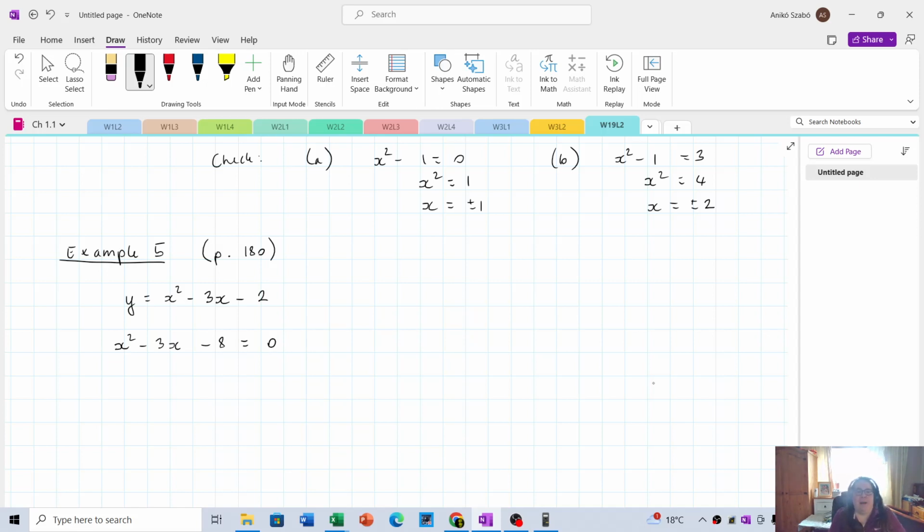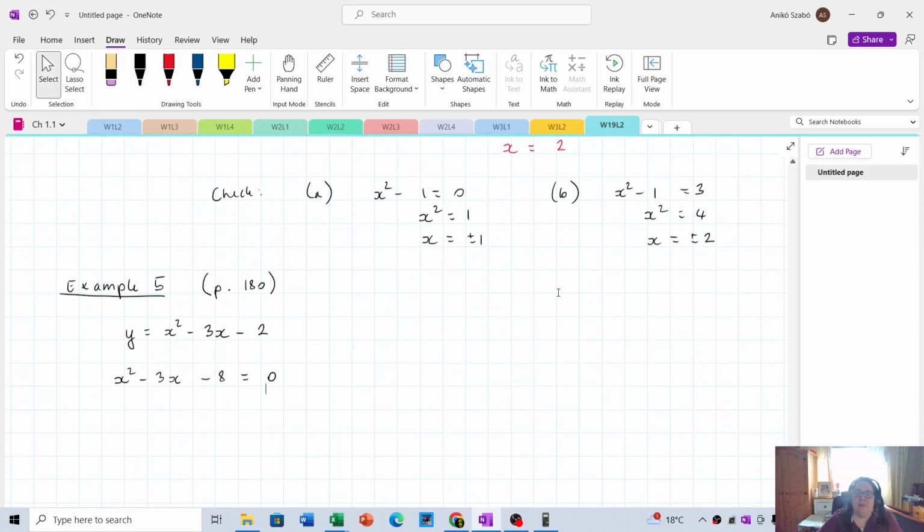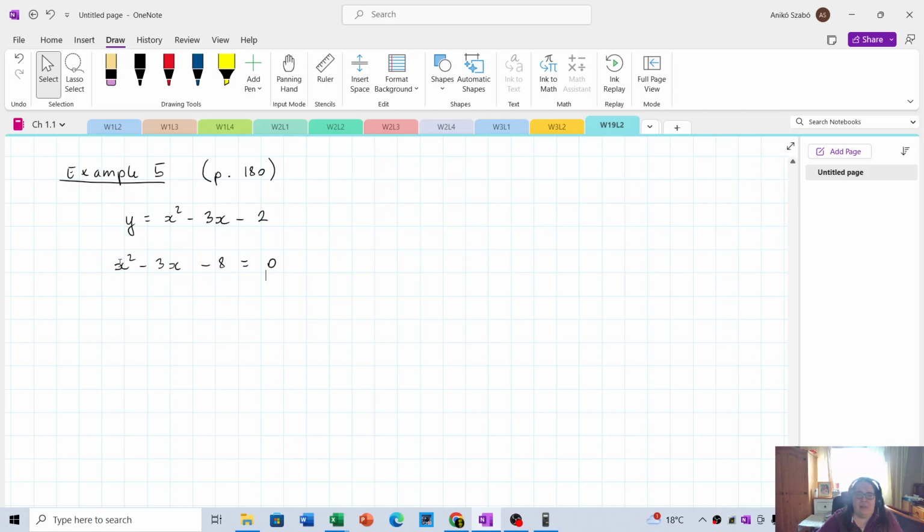So we want our y, because that's how we solved these. But this is not y, is it? So let's break up the -8. I will write down y, so x squared minus 3x minus 2, and I have to see what to do to this to get -8: I've got to take away 6.